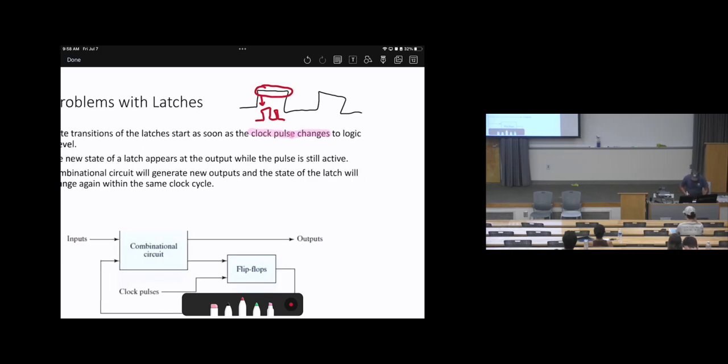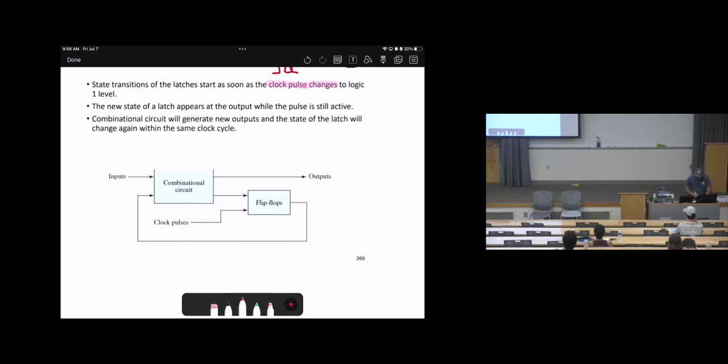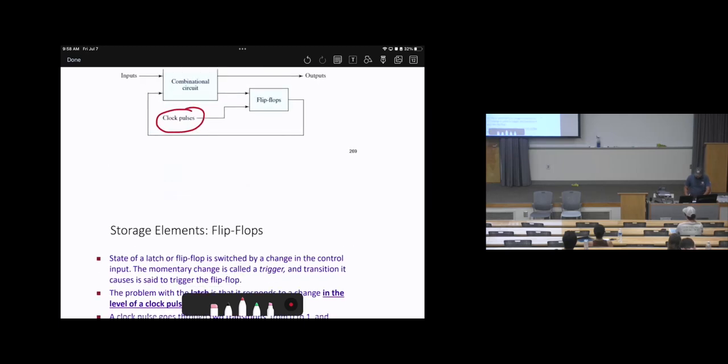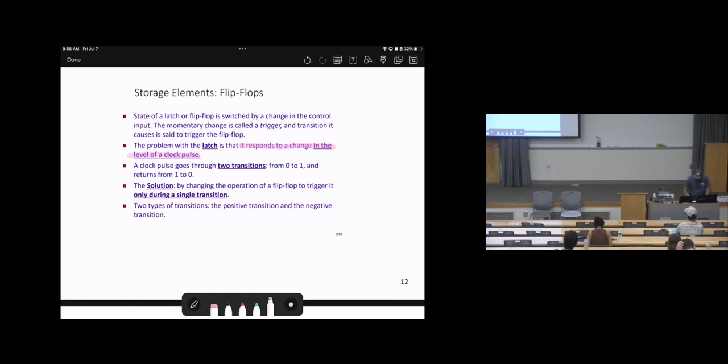So in sequential circuits, which, as I said, are synchronous, we have clock pulses, and the latch will respond to a change in the level of the clock pulses.